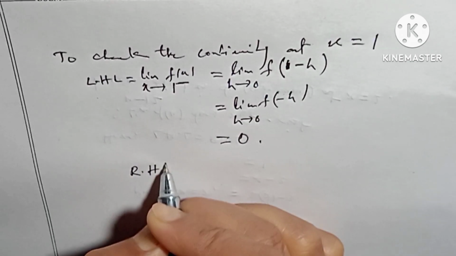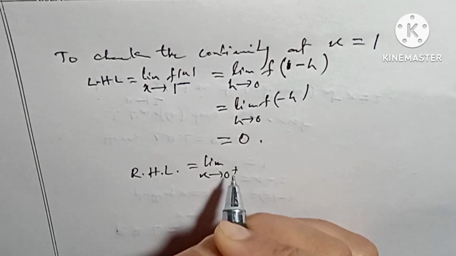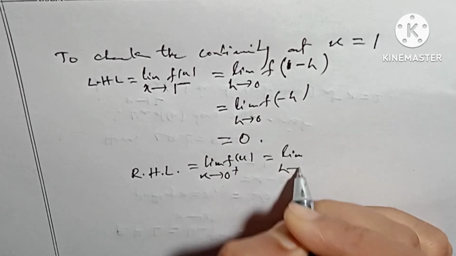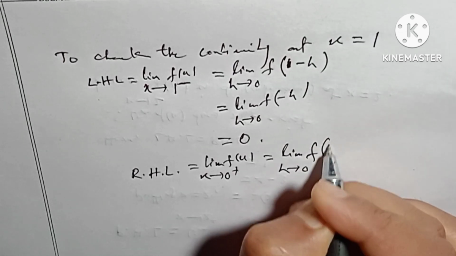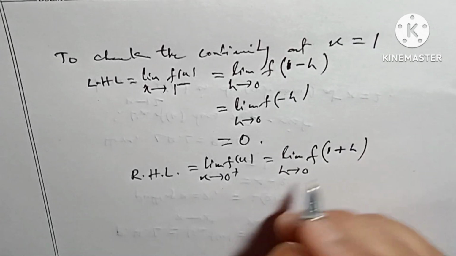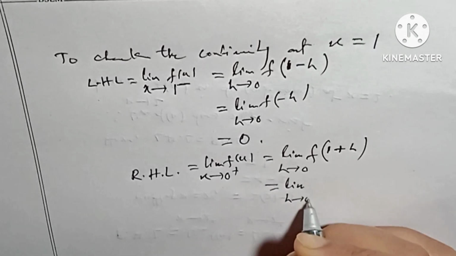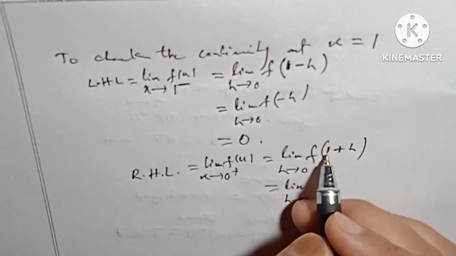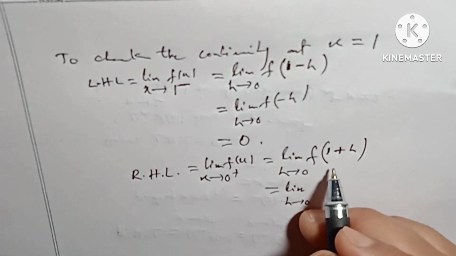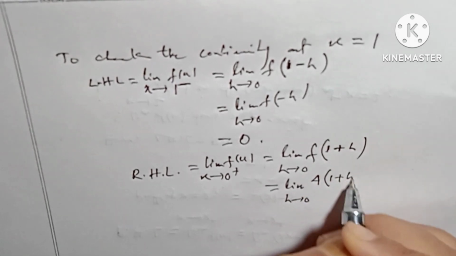Right hand limit equals limit as x approaches 1 from the right side of f(x), which equals limit as h approaches 0 of f(1 plus h), right side of the 1, where x is greater than 1, and f(x) is equal to 4x. So 4x is equal to 4 times (1 plus h).